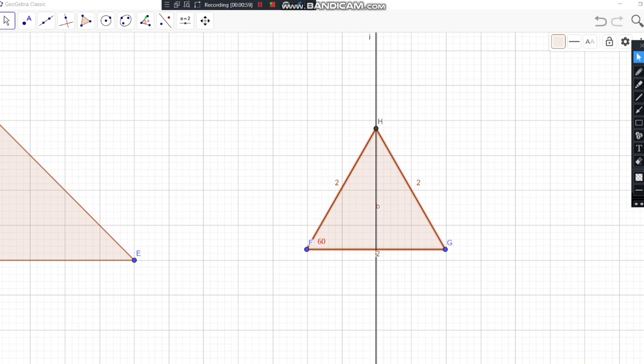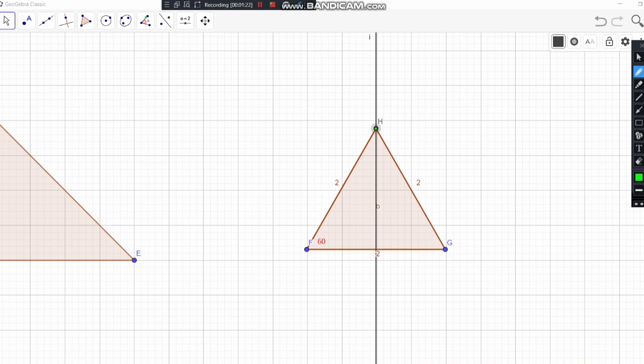And here you can see a perpendicular from the third vertex to the base. This line is a perpendicular drawn from the third vertex to the base. That perpendicular bisects the base. The total length of the side of the triangle is 2 cm.